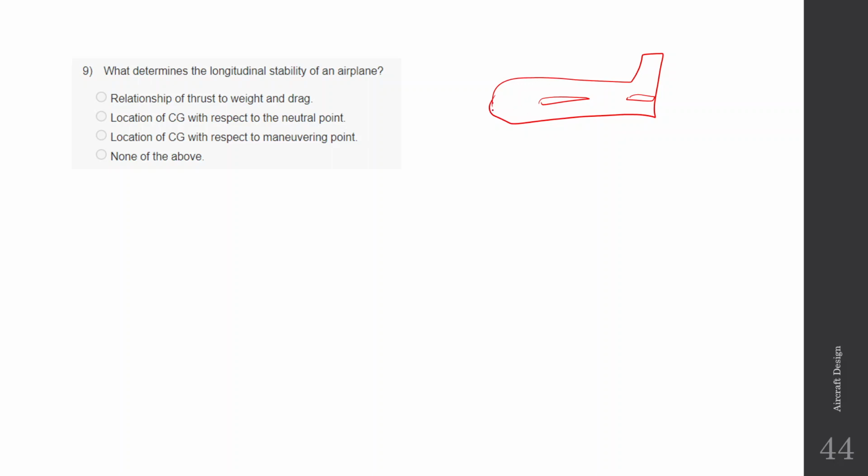Longitudinal stability deals with stability in your XZ plane, so stability along pitch motion, or movement in this plane. So your thrust, lift, drag, weight, and rotation in this plane.